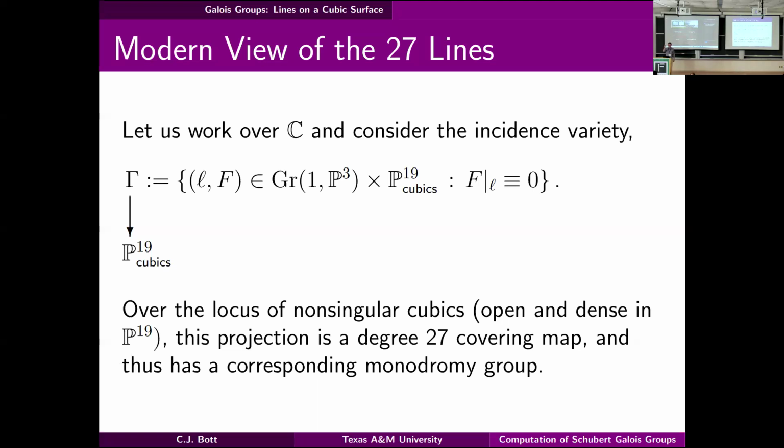And you can do this for each point, and over this open, dense, path-connected subset of non-singular cubics in our base, we have a nice degree 27 covering map. And so we have a corresponding monodromy group.